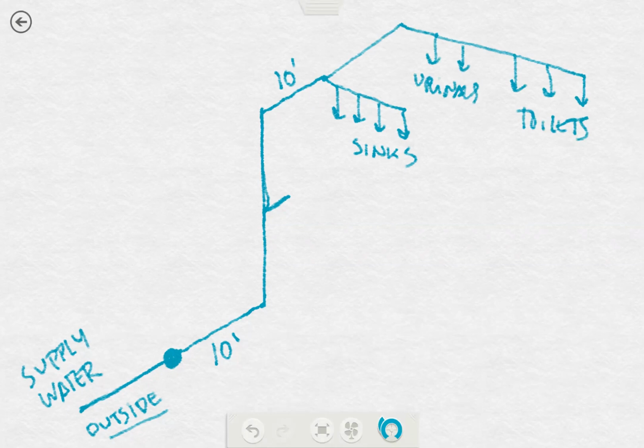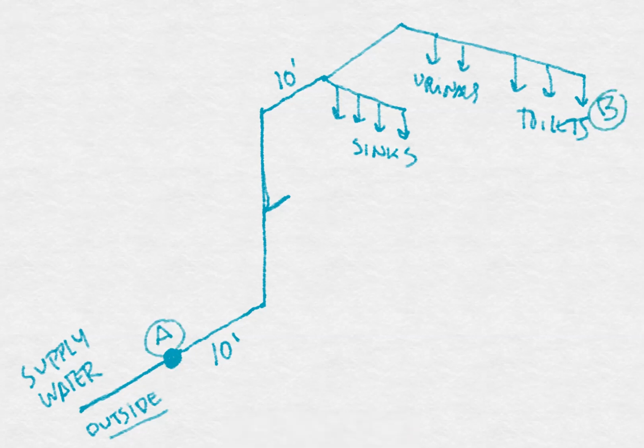Okay, so what is the maximum length from this point? This is point A. So what is the farthest point? This point, point B. So what is the length from point A to point B? This branch is 10 feet. I told you that this is 12 feet. This is 30 feet. And then we need to go up.